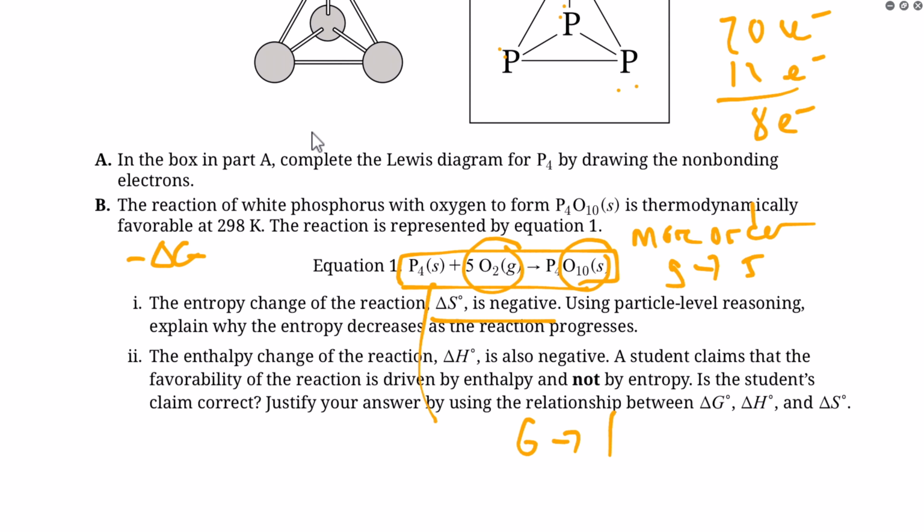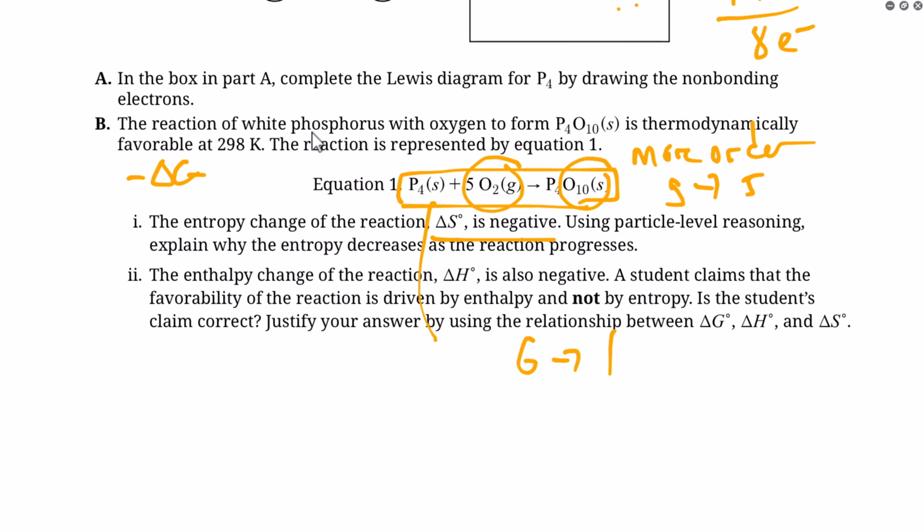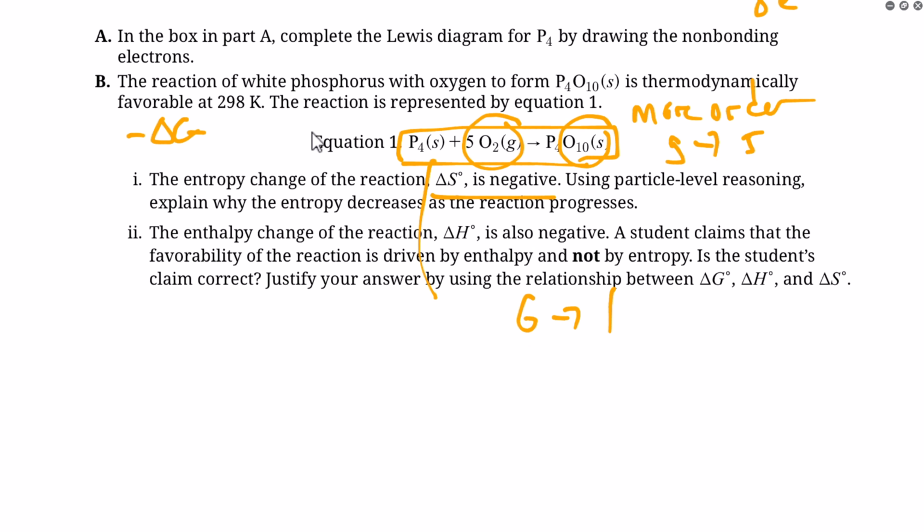In addition, we have 6 total moles on the reactant side and 1 mole on the right-hand side. That is a way to tell that we are increasing order, or decreasing disorder, by delta S being negative.